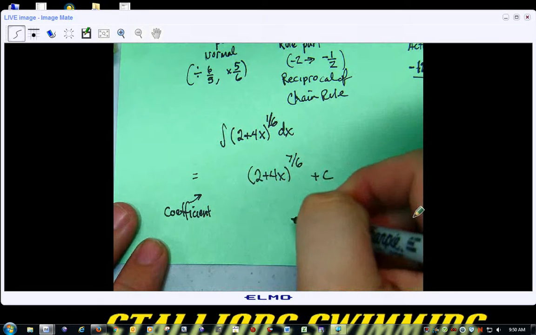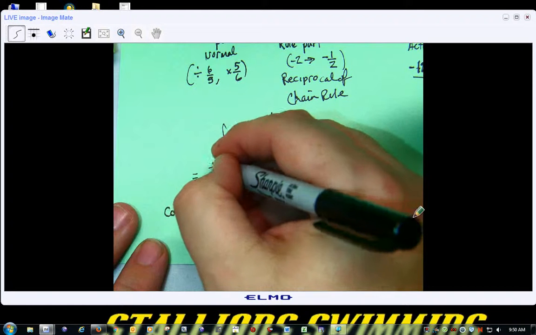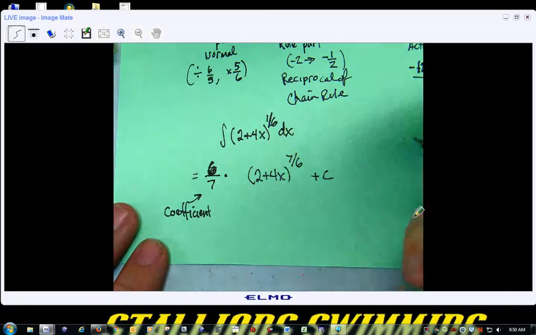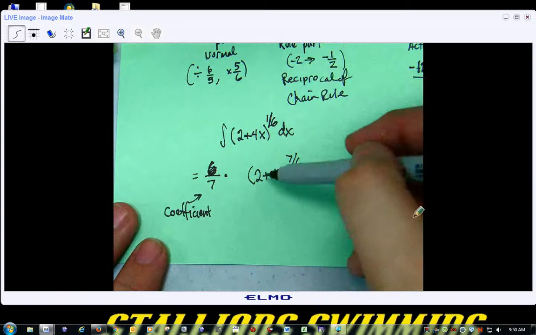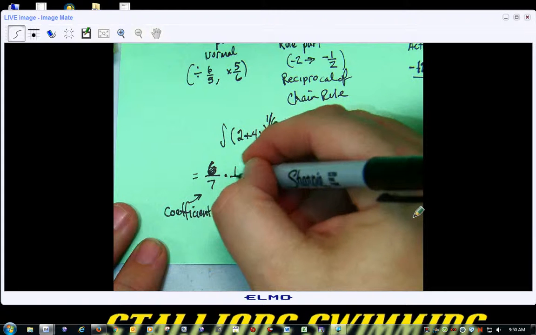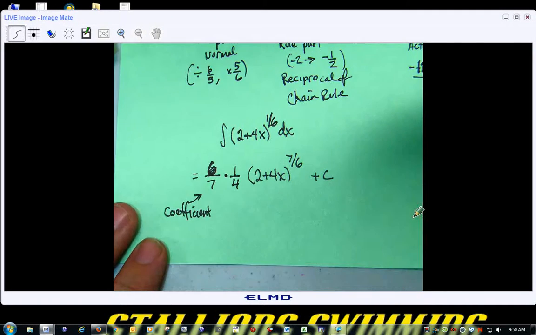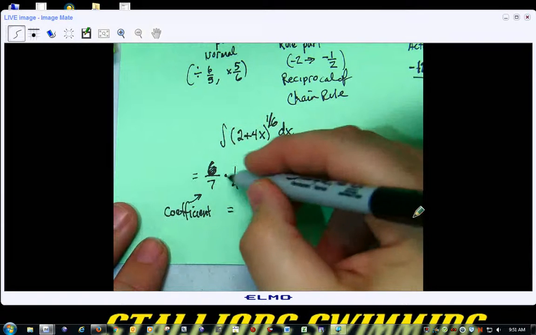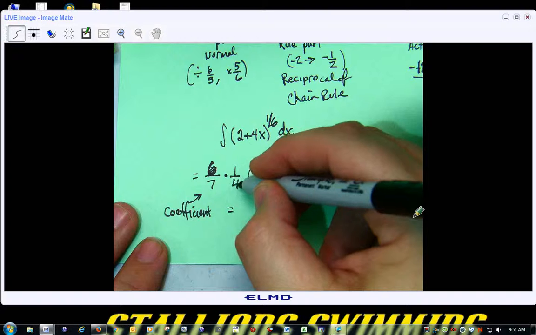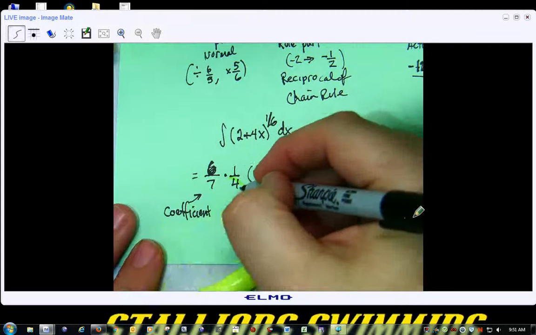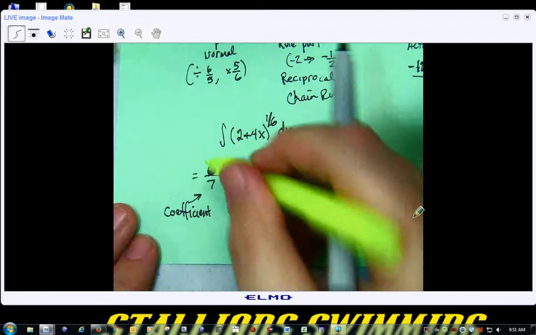So we end up with 6/7 times. Now, what would be the chain rule from here? Positive 4. So where should the 4 go? It should become a 1/4. And so, let's see, 2 divides into 4 2 times, 2 divides into 6 how many times? 3. So it should be 3/7 times 2 plus 4x.